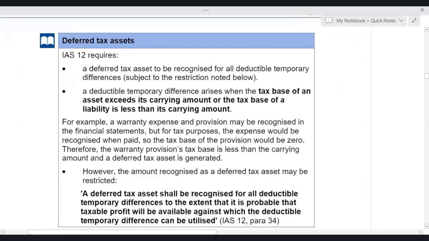In case of deferred tax liability and asset, there is no discounting. Deferred tax asset: IAS 12 requires a deferred tax asset to be recognized for all deductible temporary differences, subject to the restriction. A deductible temporary difference arises when the tax base of an asset exceeds the carrying amount, or the tax base of a liability is less than the carrying amount. We have covered this in a relationship already.